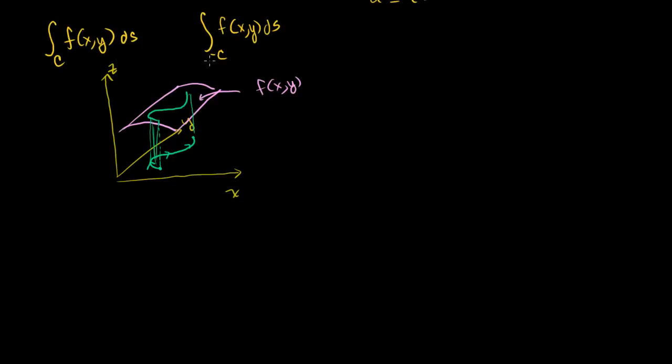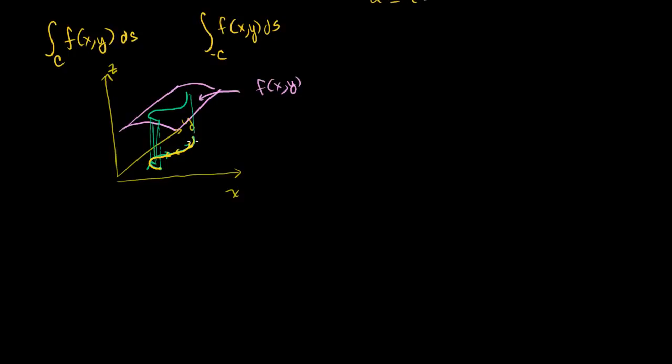Now, if we take the same integral, but we take the reverse curve, instead of going in that direction, we're now going in the opposite direction. We're now taking a curve where we're going from the top to the bottom. But the idea is still the same. I don't know which one's C, which one's minus C. I could have defined this path going from that way as C, and then the minus C path would have started here and gone back up.